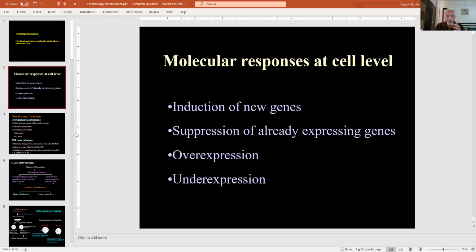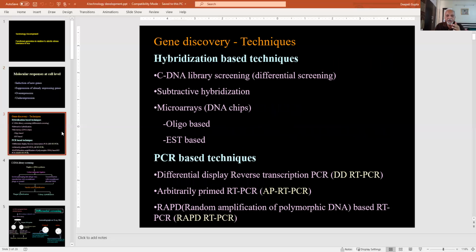Now, how it is done, as I explained in the first lecture itself, is that there are two types of approaches to discover new genes or technologies: either hybridization-based techniques or PCR-based techniques.